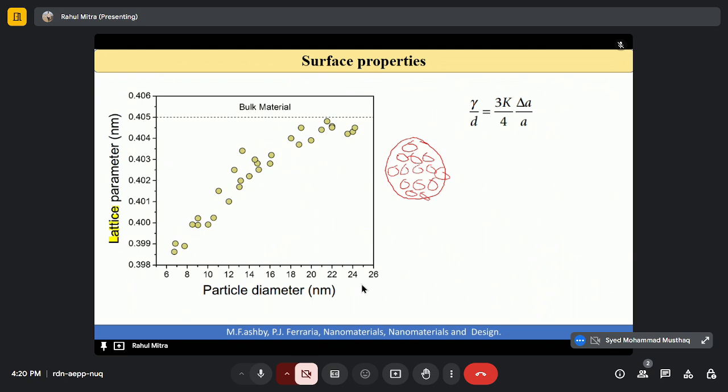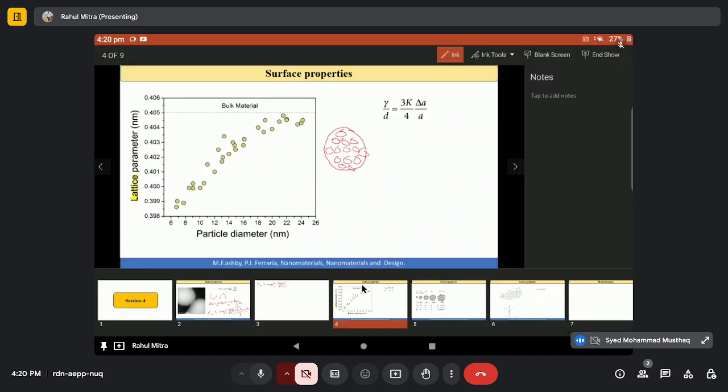For that, we first need to define the excess energy.